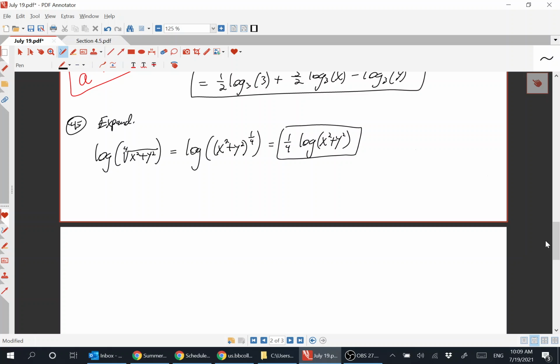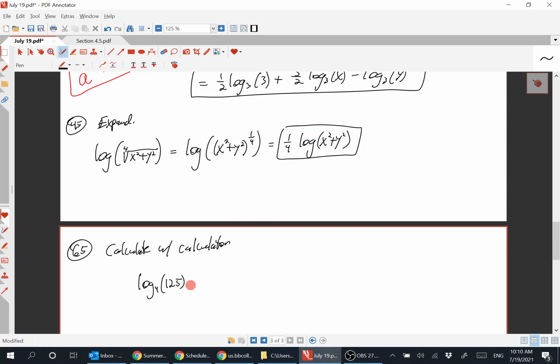Use your calculator to calculate the following. So say log base 4 of 125.